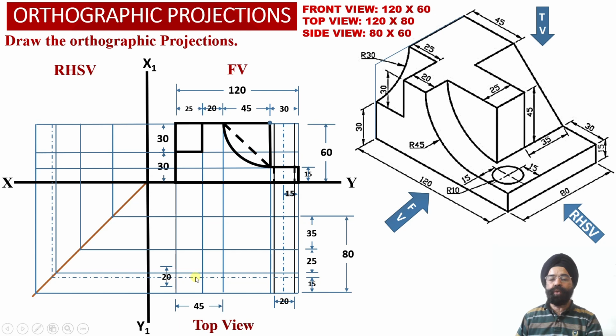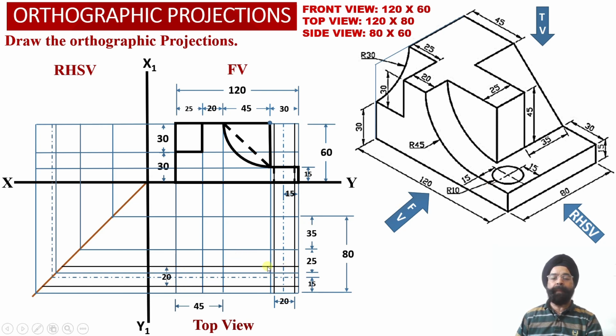So with respect to this horizontal central line into the top view projections, now we are going to take 10 millimeter offset towards the rear side of the solid, 10 millimeter offset towards the front side of the solid with respect to the center line, and this diameter corresponding to these two extreme points of the diameter of the circular slot we have been able to obtain over here.